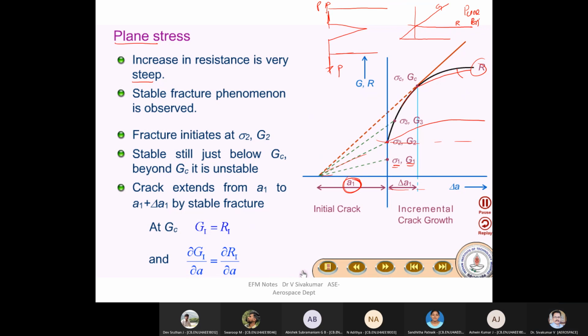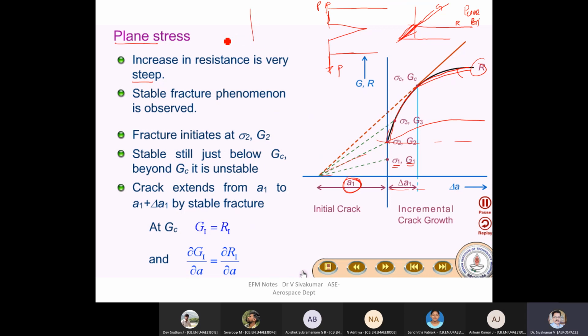Now, what is happening when it is a high strength steel? Plasticity is also there, so my R is not constant. As long as my crack grows, my R will take up a shape like this. That is, R means resistance. So if it is a single point, whatever the crack, after that it touches here.